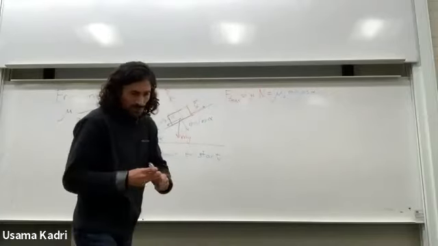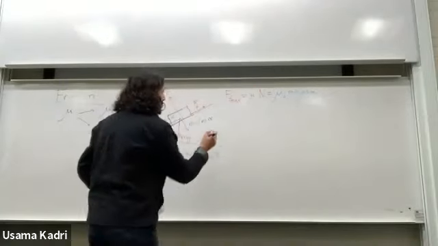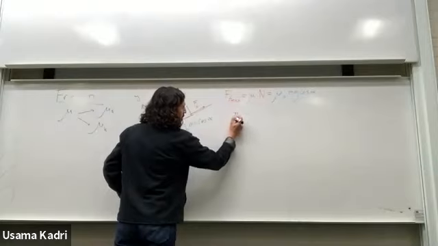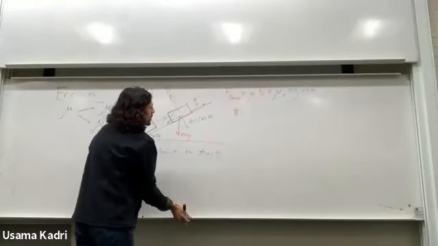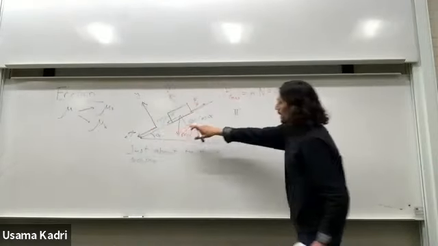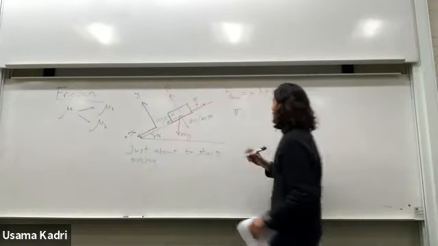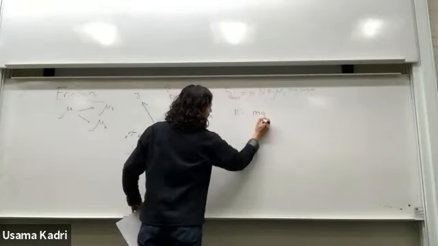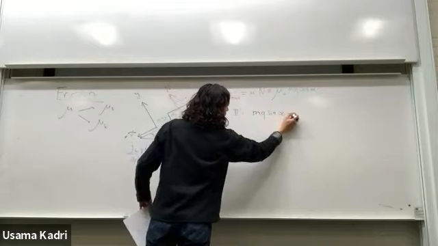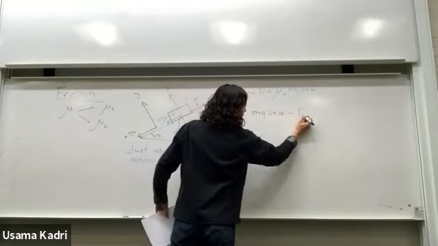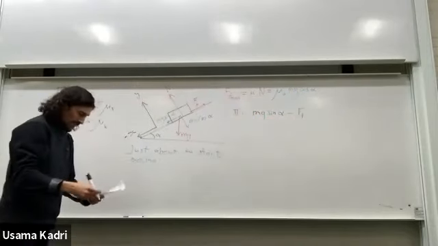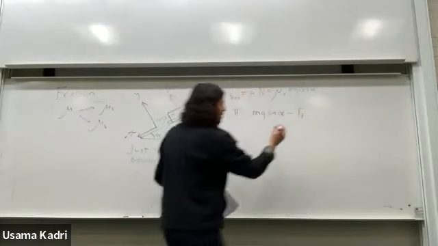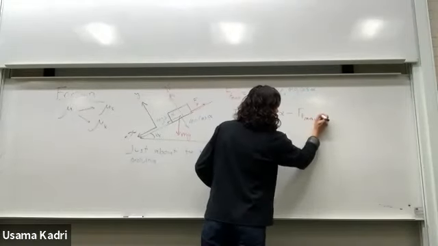So we can write now from Newton's second law: mg sine alpha minus the friction force, that would be the maximum friction force, right, equal to 0.